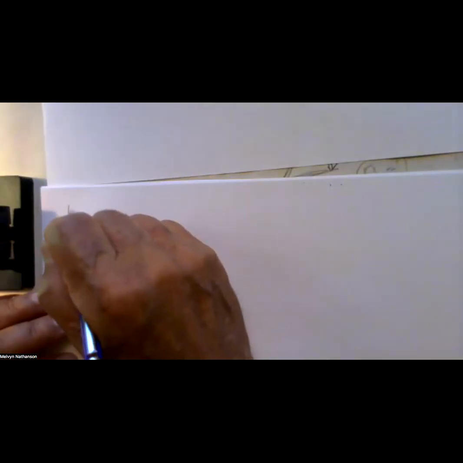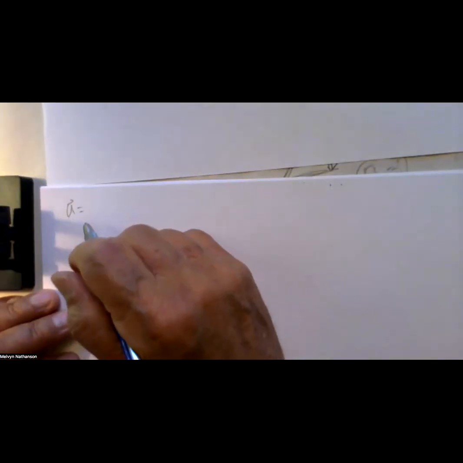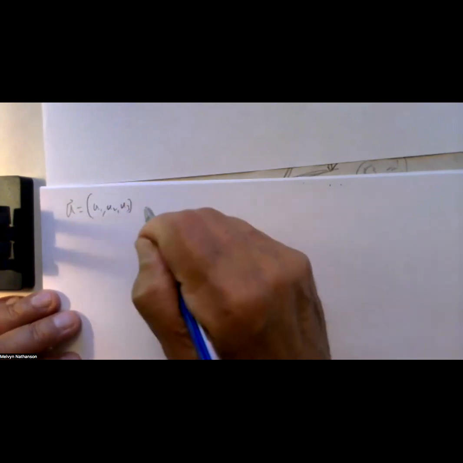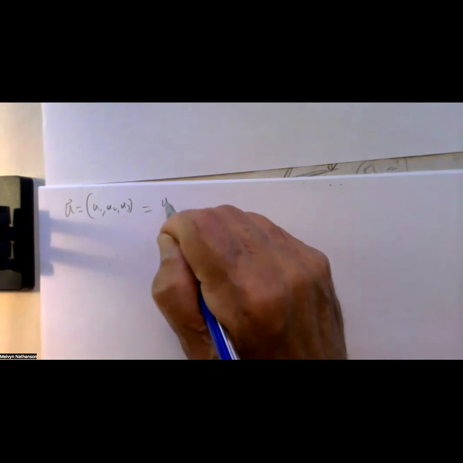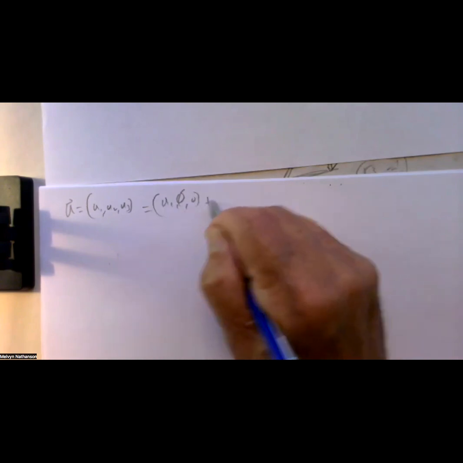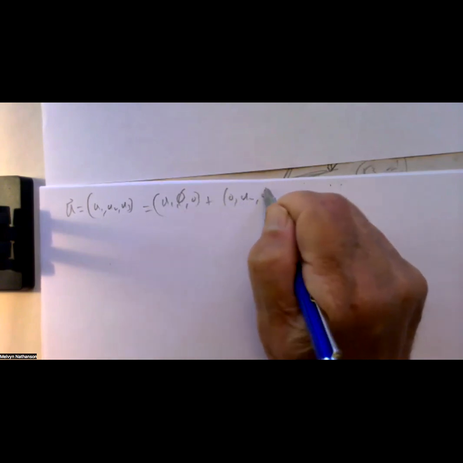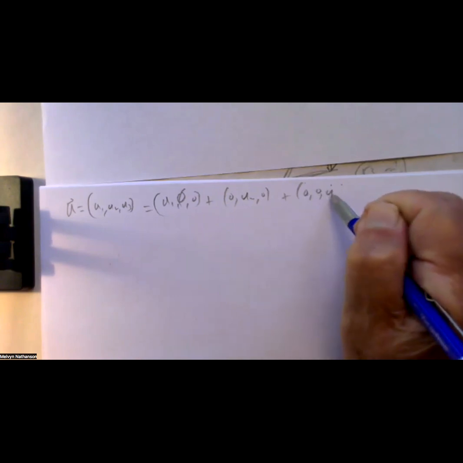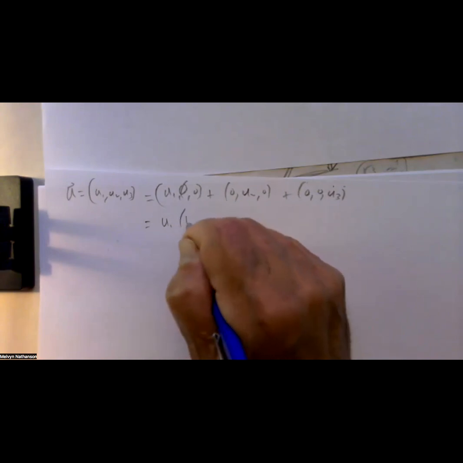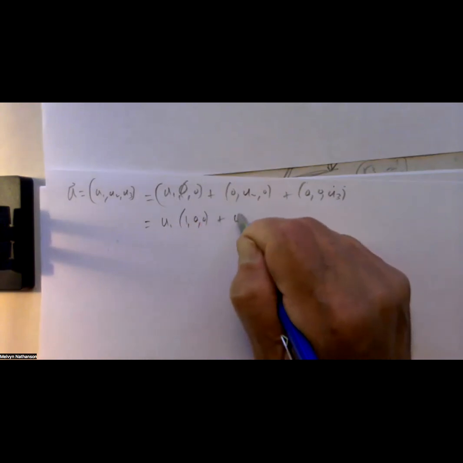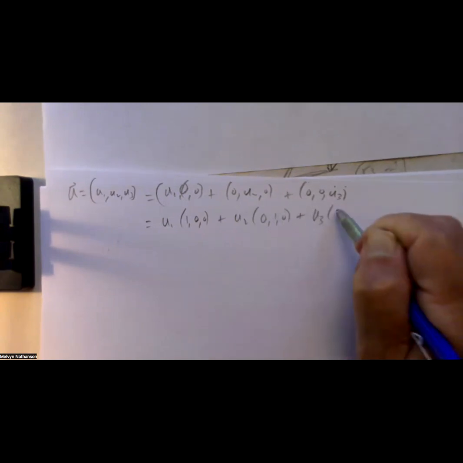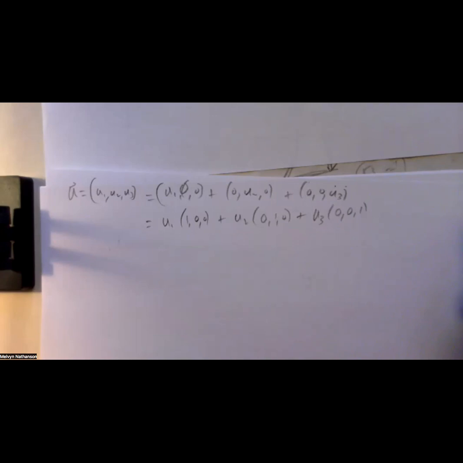So suppose the vector u is u1, u2, u3, which I remind you is the same as u1, 0, 0, plus 0, u2, 0, plus 0, 0, u3, which is the same as u1 times the vector 1, 0, 0, u2 times the vector 0, 1, 0, and u3 times the vector 0, 0, 1.